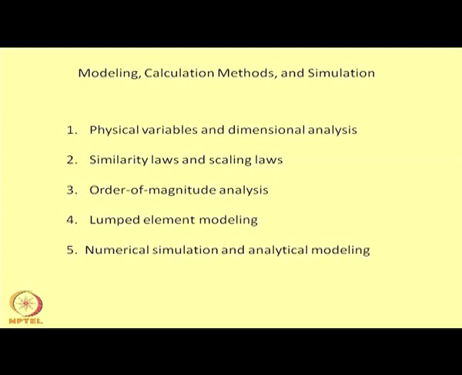We would also like to see if a lumped element modeling can be used, that means assuming, for example, that the temperature is space-wise isothermal inside a solid which is in contact with the liquid. So, if we could say that the temperature is not a function of x, y, z inside a solid, then that simplifies our calculation to a great extent, and that is the lumped element or lumped capacitance modeling.